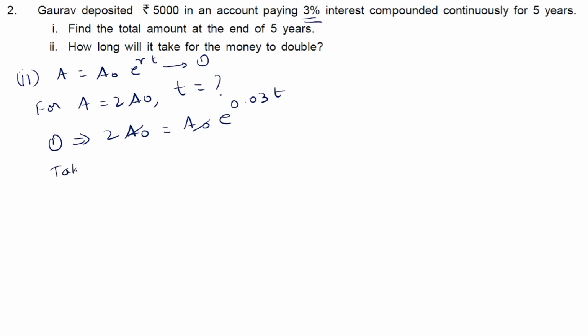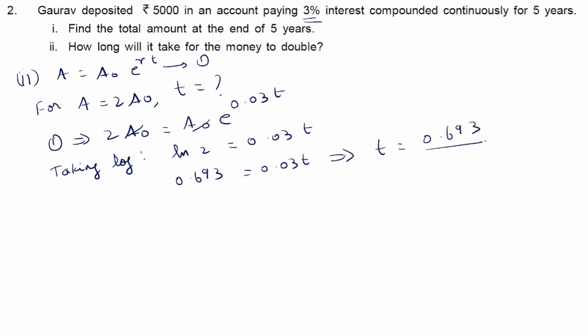Now we can take log on both sides. So ln 2 will be equal to 0.03 t. Ln 2, the value is 0.693. This is equal to 0.03 t. So from this we can find t. T is equal to 0.693 upon 0.03.